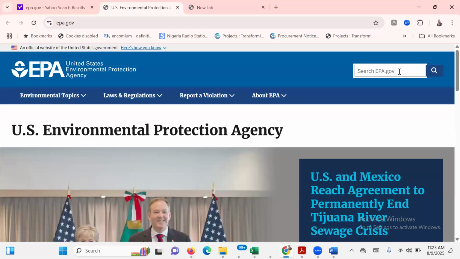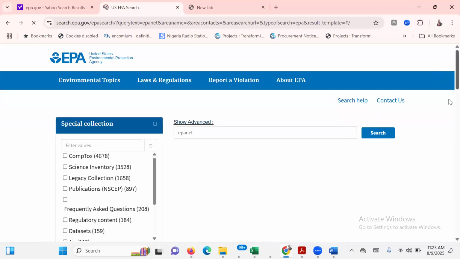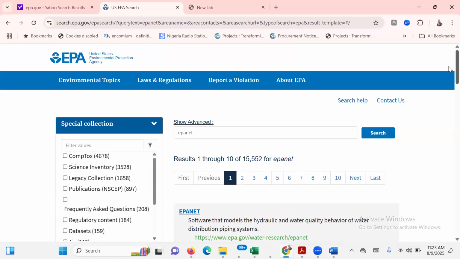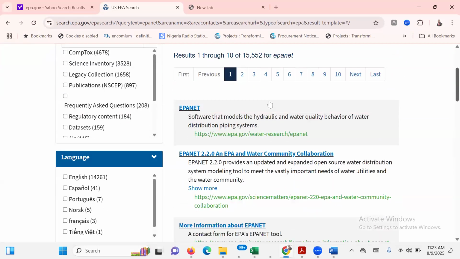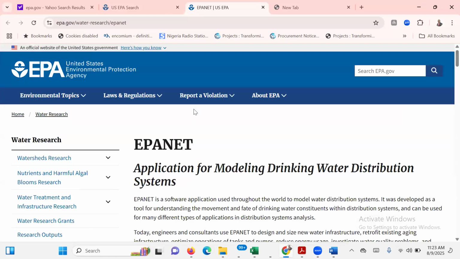When I go to the EPA website, I type EPANET. So EPANET, I will now click on the first one, and I will download it.